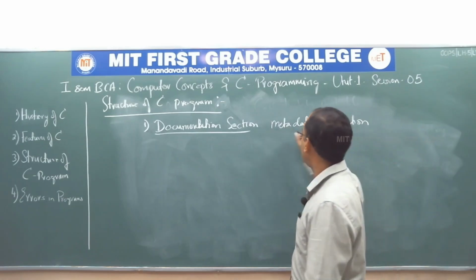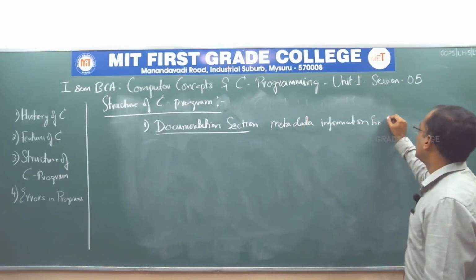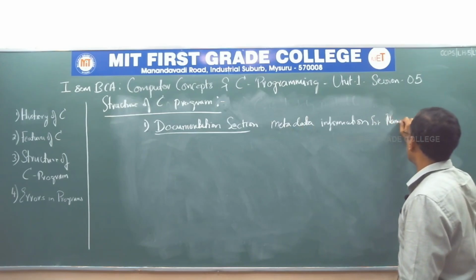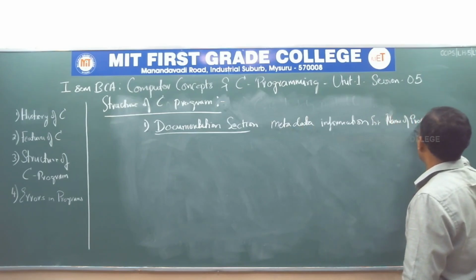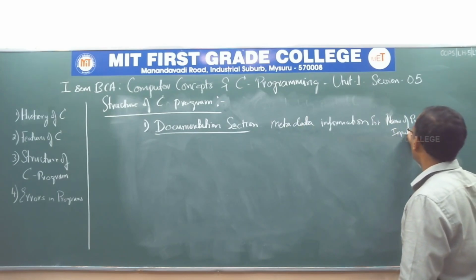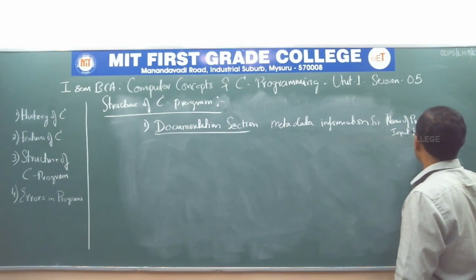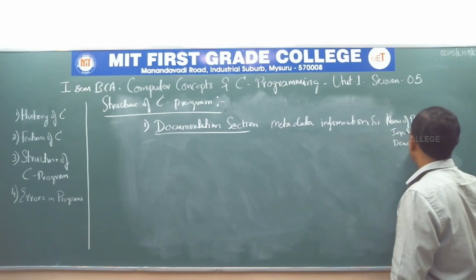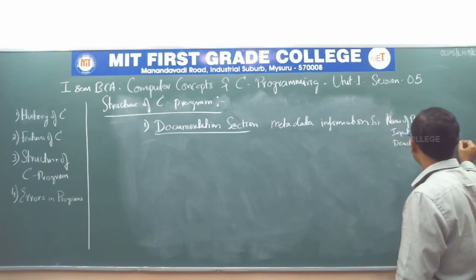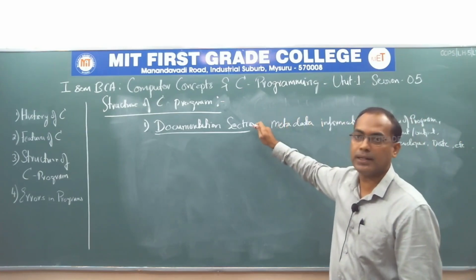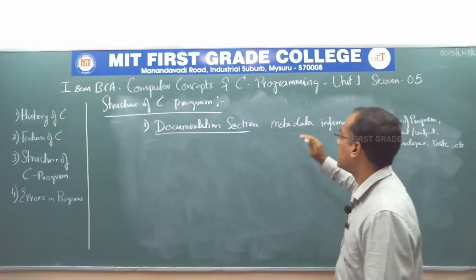Here you are going to write down information like what the name of the program is, what input it takes, what output it gives, who developed it, and on which date it was created, modified, etc. All this information you are going to write down in the documentation section.